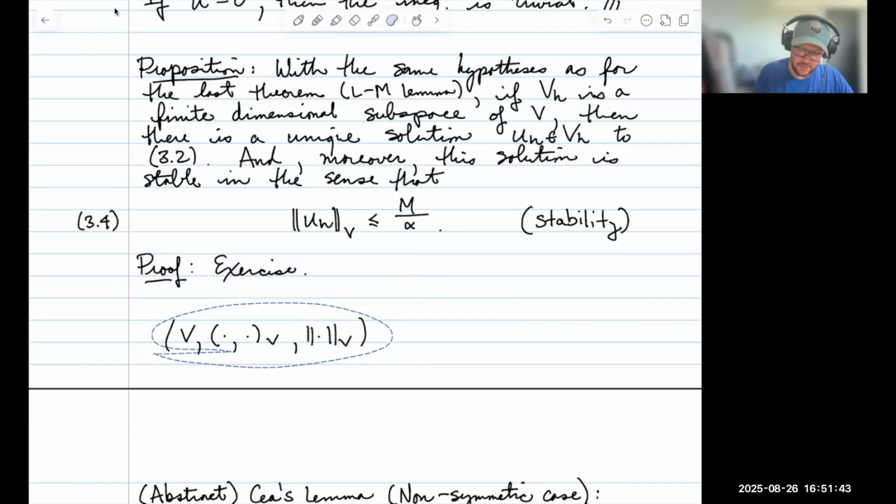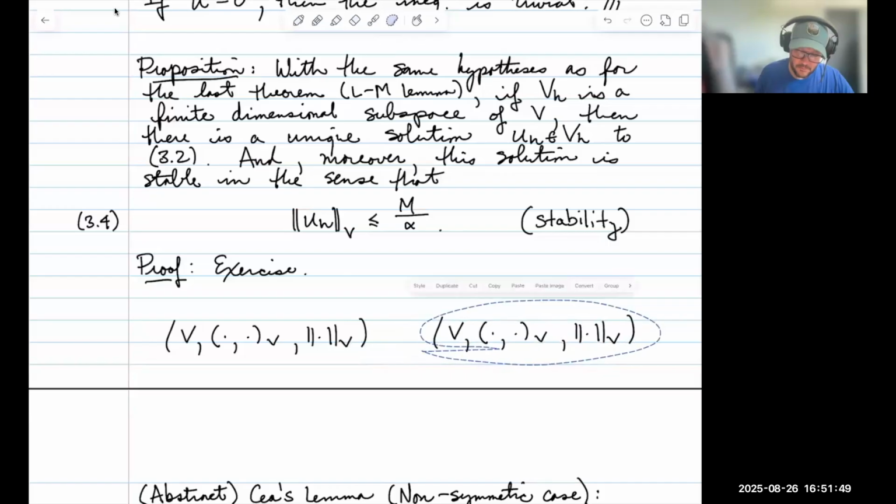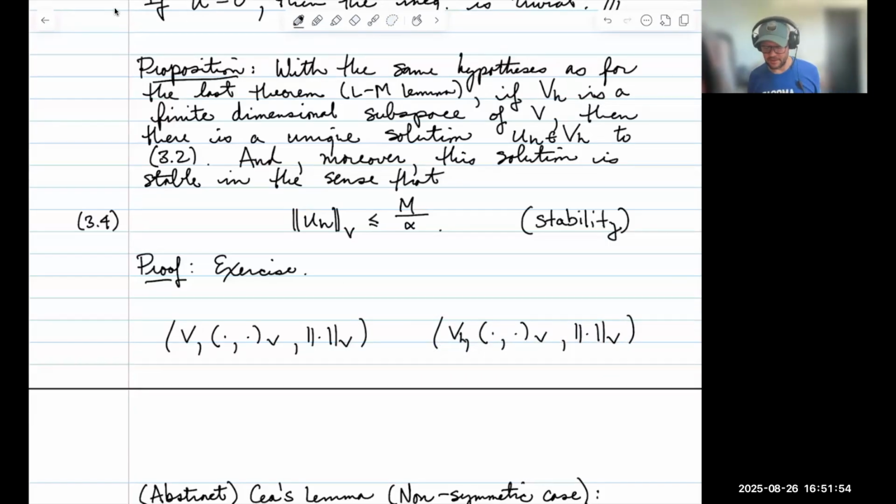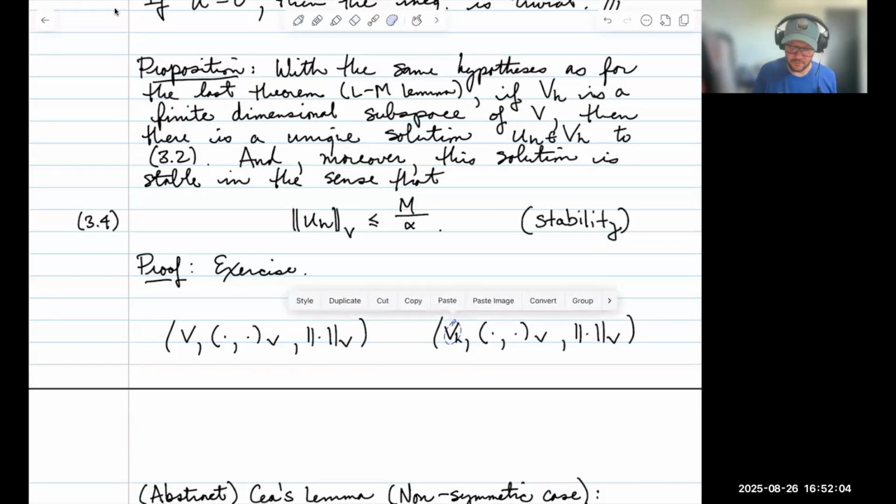Whenever I look at this space VH, which is the finite dimensional counterpart, even though I'm looking at a finite dimensional version of V, the inner product and the norm that I use are still crucially exactly the same.